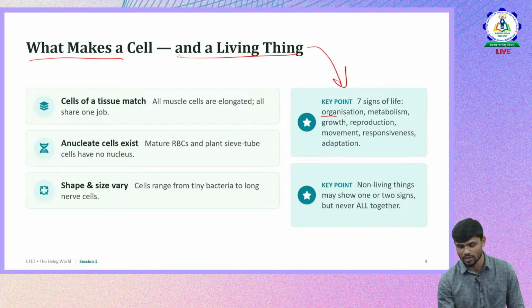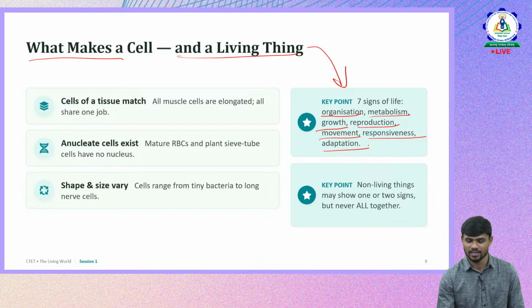It has organization, metabolism, growth, reproduction, movement, responsiveness, adaptation, everything. That's why it is called living. It has all the characteristics of a living organism, and any living organism is made up of cells itself.